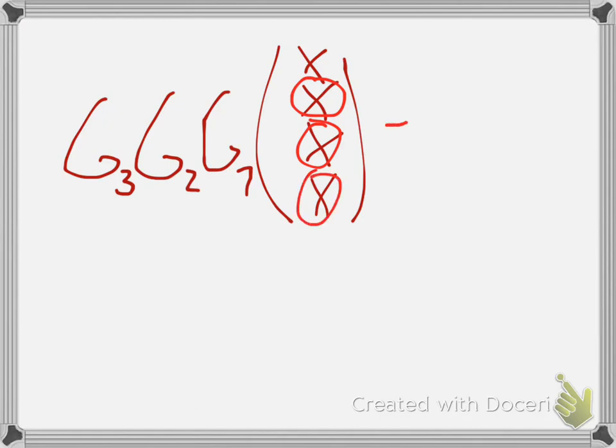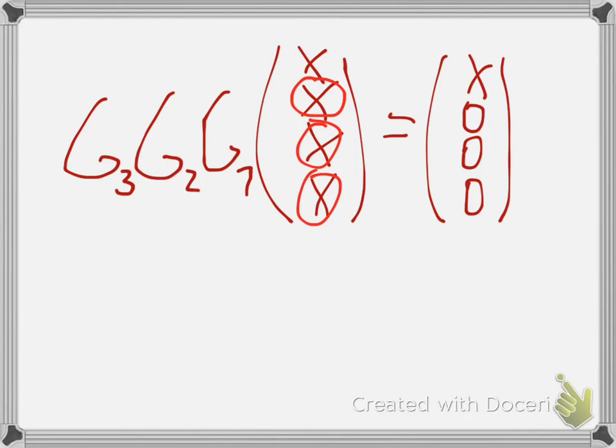And finally you will get a vector which has a non-zero component only in the first row.